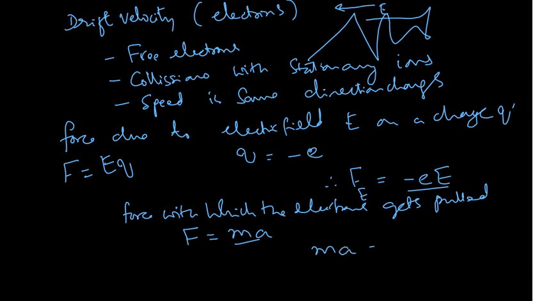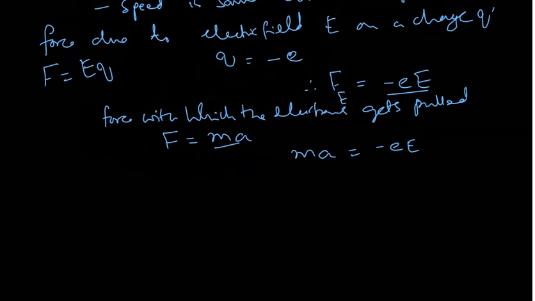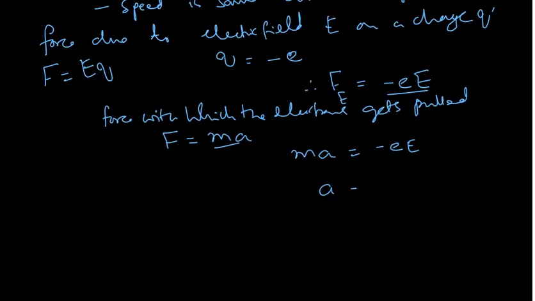This force ma must be equal to minus eE. Therefore acceleration a is given by minus eE divided by m. Any question on that? This is equation 3.15 in the textbook.